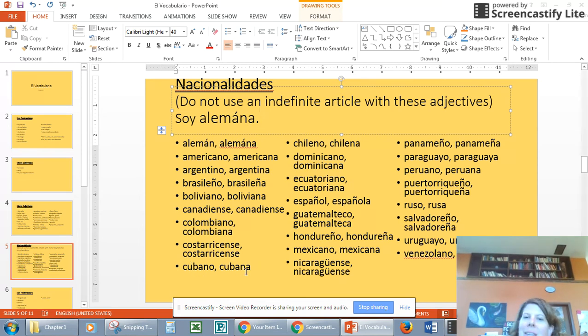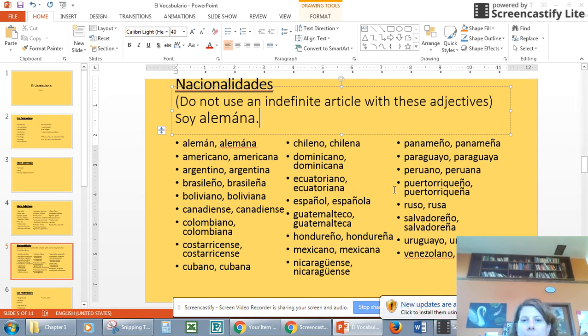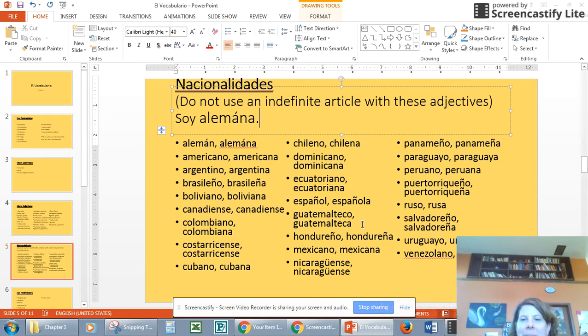Cubano, cubana, Cuban. Chileno, chilena, Chilean. Dominicano, dominicana, from the Dominican Republic. Ecuatoriano, ecuatoriana, that is somebody from Ecuador. Español, española, that's someone from Spain. Guatemalteco, guatemalteca, from Guatemala. Hondureño, hondureña, remember the H is silent, and that is from Honduras.